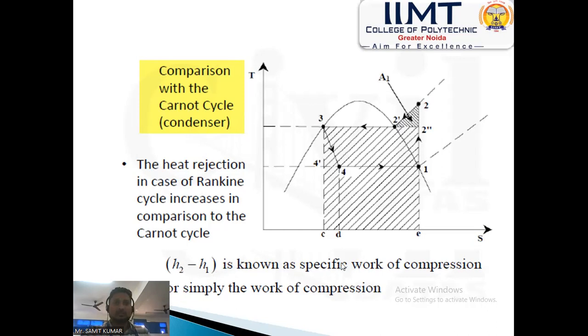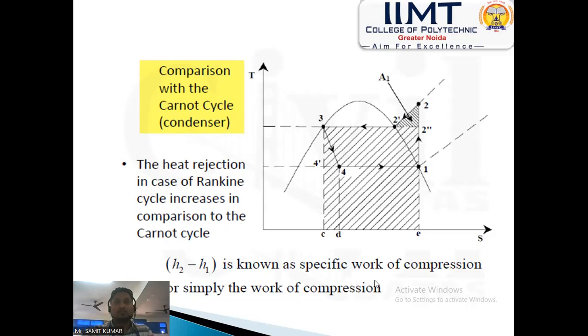So we can say the Rankine cycle gives more capacity and better performance as compared to the Carnot cycle, because the input is the same, and the system rejects more heat, which is more desirable for a refrigeration system. So we can use the reverse Rankine cycle as compared to the Carnot cycle.